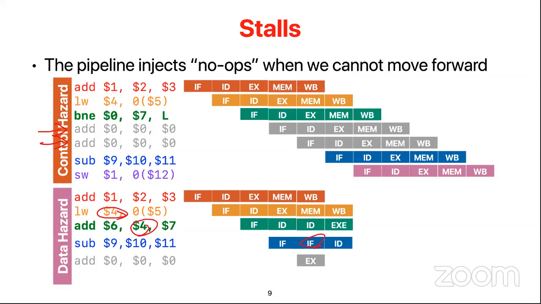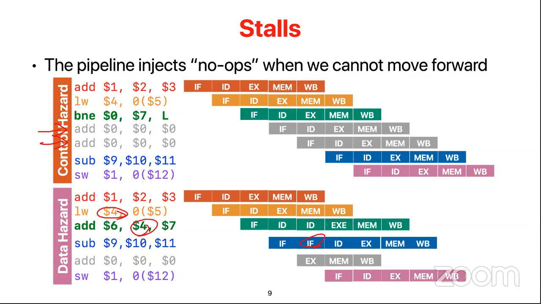After you insert that no-op, and after the load instruction finishes the memory stage, you can just proceed as usual. So the whole idea of stall is that we disable the update of the PC, and in the meantime, we insert no-ops whenever appropriate.